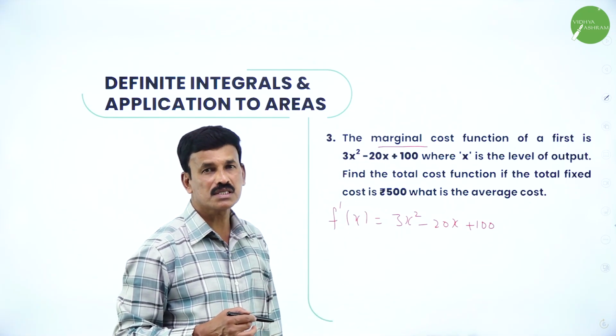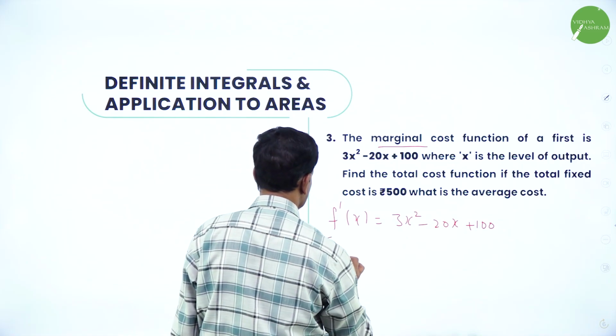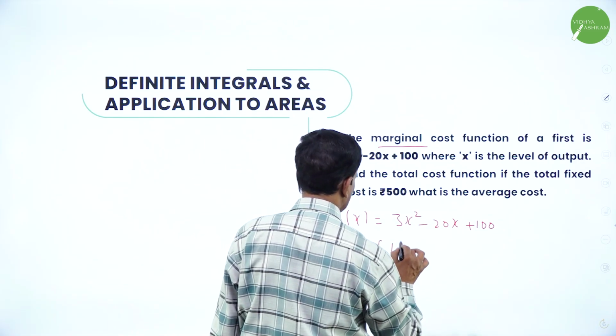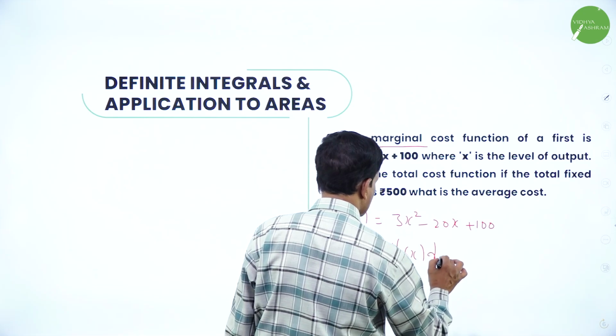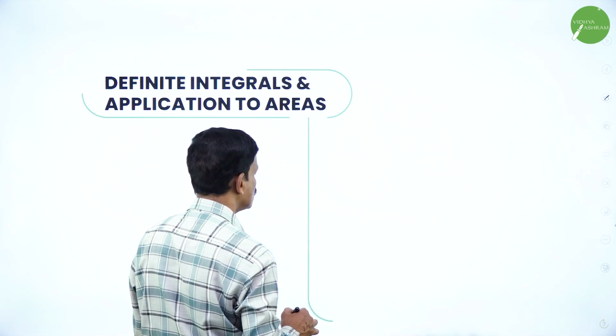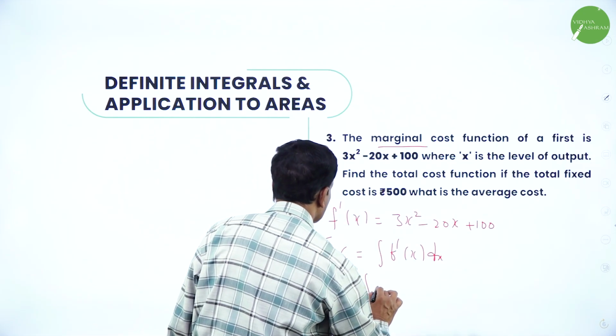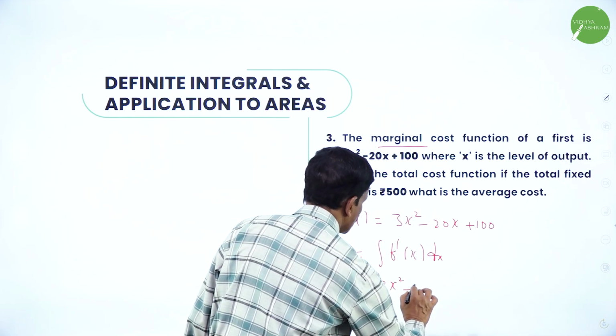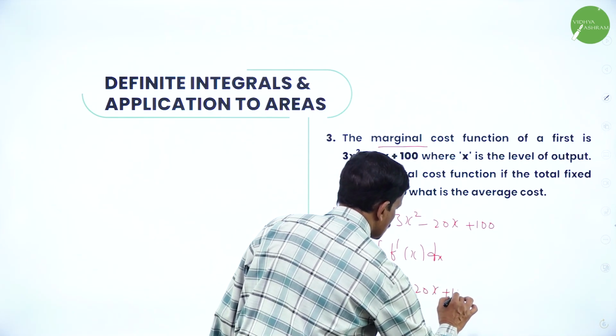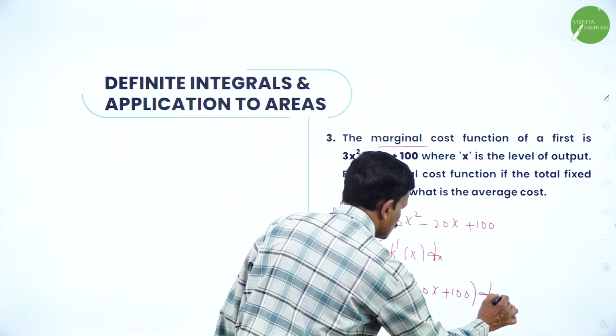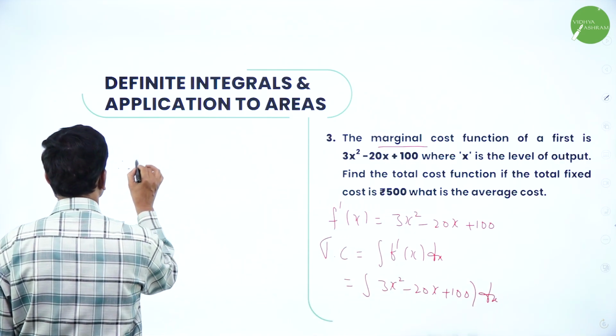Now what is to find? The total cost. So the total cost is equal to integration of f dash x dx. So this is equal to the integral of 3x square minus 20x plus 100 into dx. So therefore integrate it.